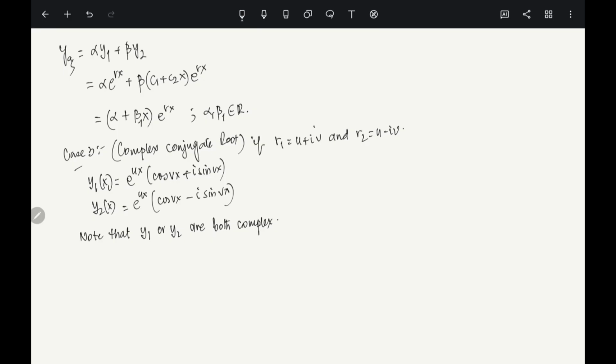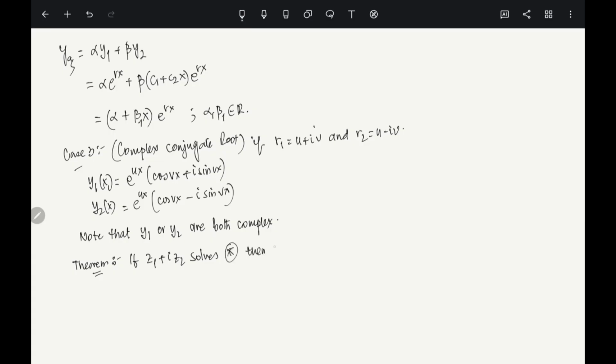So how are we going to get a real solution? We are going to write down a small theorem here. Let's say z1 plus i z2 solves star, where z1 and z2 are real.